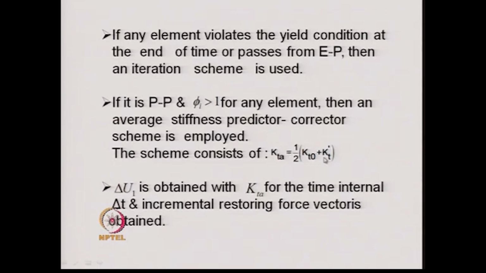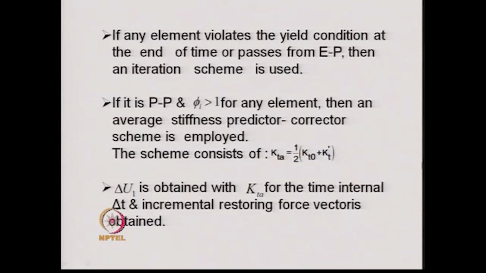In order to find this k dash t, we make some guess in the beginning, and with the help of that we find a kTA, and with that kTA we go ahead with the solution. The solution gives a new value of displacements or incremental displacements, and from there one can calculate the revised value of the k dash t, that is, at the end of the increment, the value of the transient stiffness for that element.